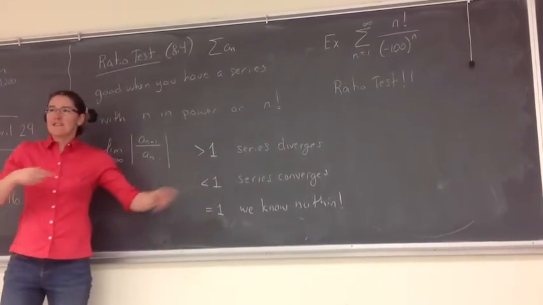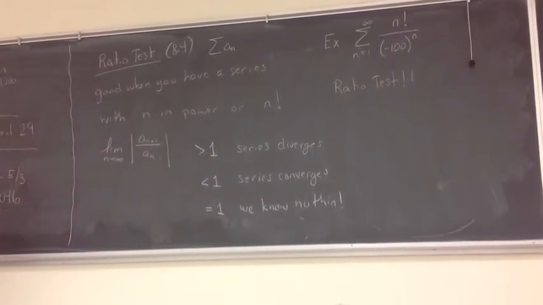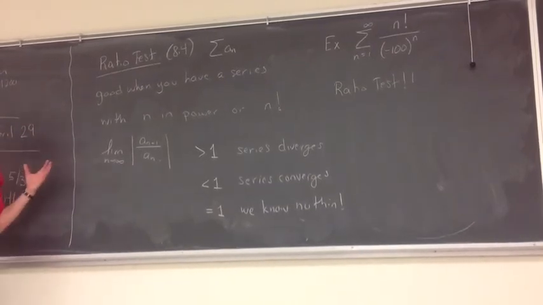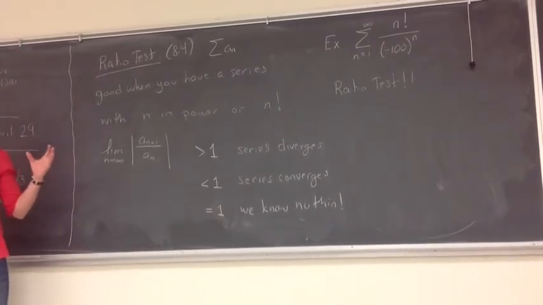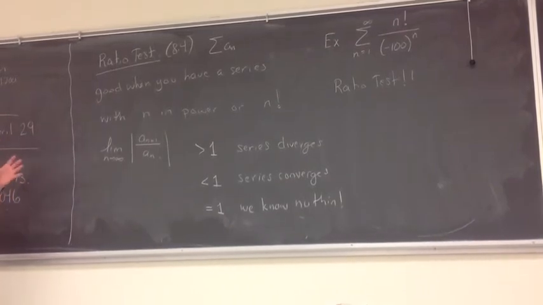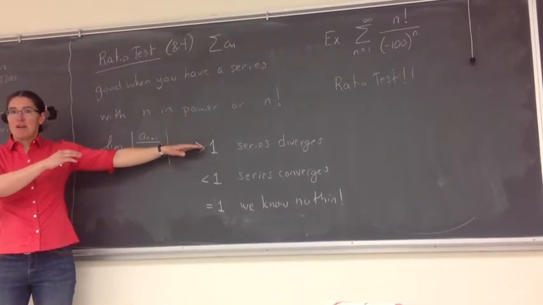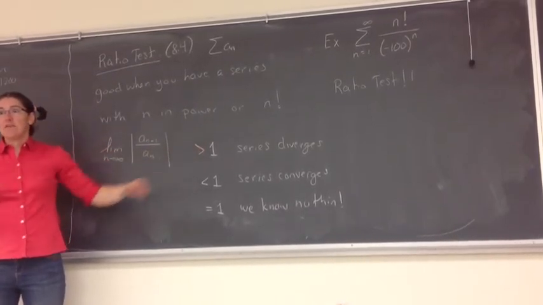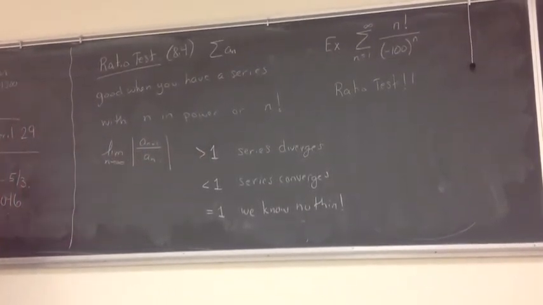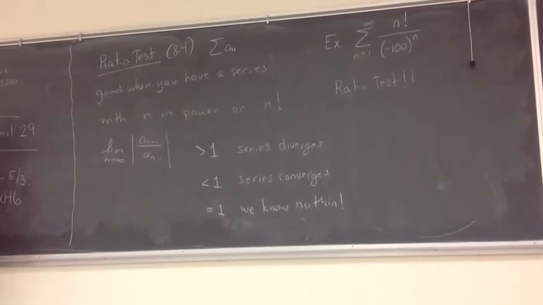There are all kinds of rules that go along with all these series tests we're learning. As you're trying to organize them in your head, think of this along the same lines as the geometric series test. With the geometric series, we look at the r value, the ratio value.